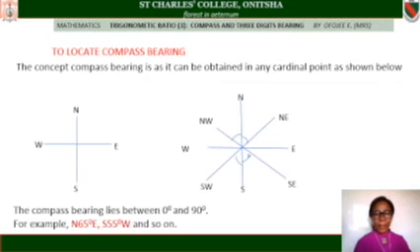To locate compass bearing, the concept is that a compass bearing can be obtained from the cardinal points as shown below. You see the cardinal points north, south, east, and west. But we cannot use only north, south, east, and west in this topic.